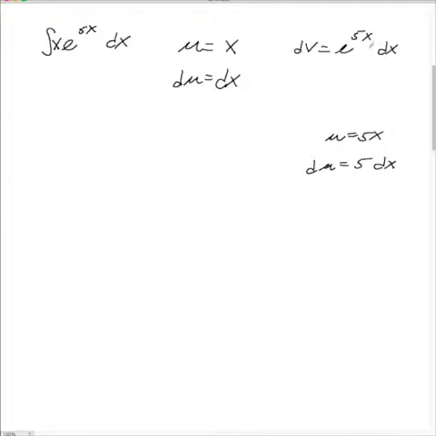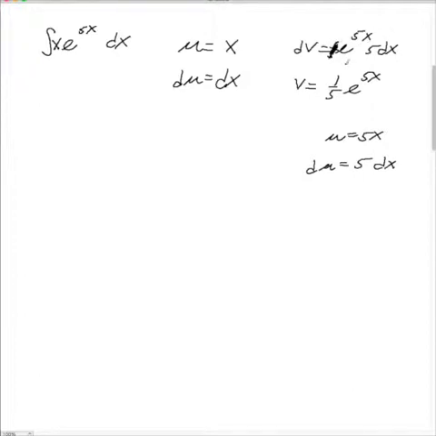So to make this work, I'd have to put a 5 in there and a 1/5 out front. Haven't changed anything, and now that would become u. So I think it's fairly clear that v is going to be 1/5 e to the 5x. And differentiate it, and you can see that you're going to get back what you started with. So let me just scribble that out so I don't confuse myself.